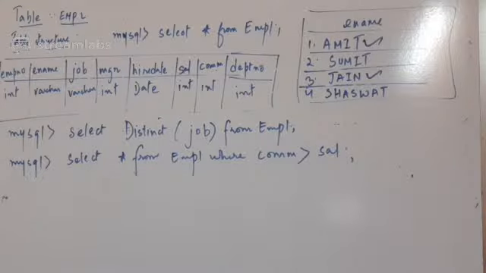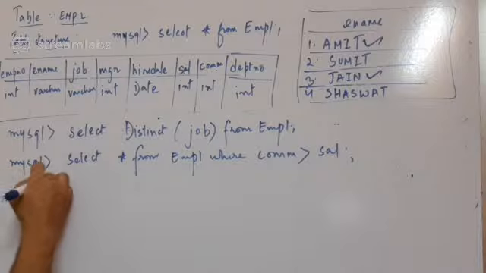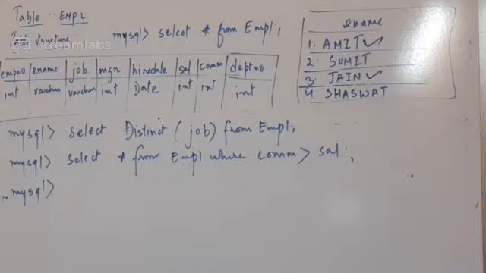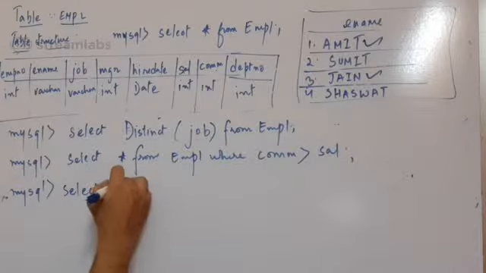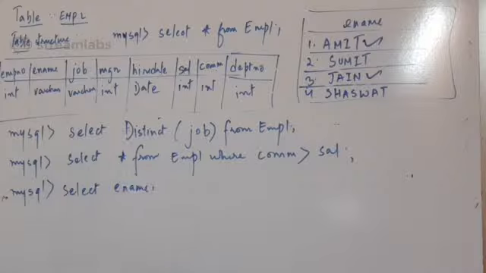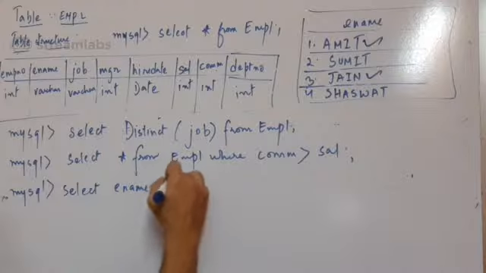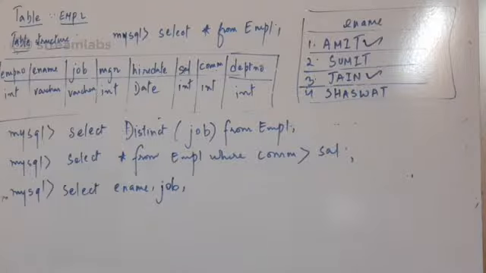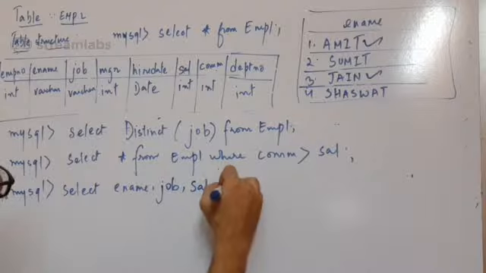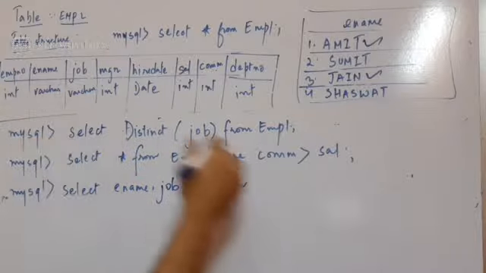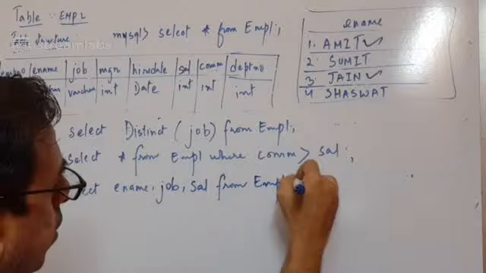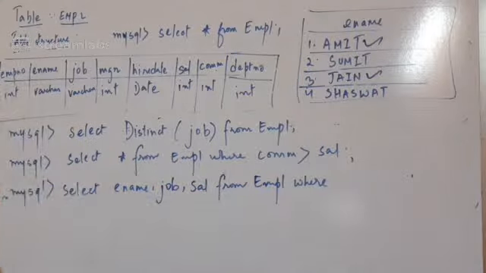So what we need to do is, in the MySQL prompt, display the name. So first select ename will be there, then after that job, because this particular column also needs to be displayed, comma salary, from your table name, which is your EMPL, where job not in.